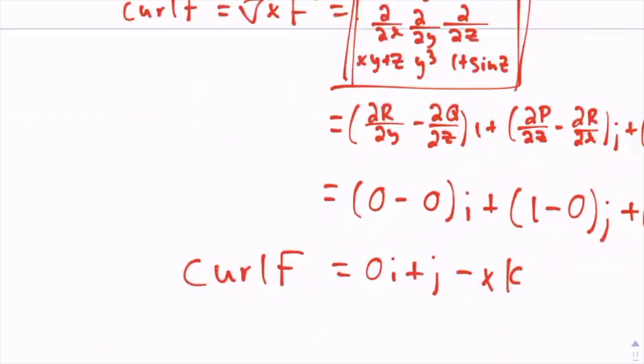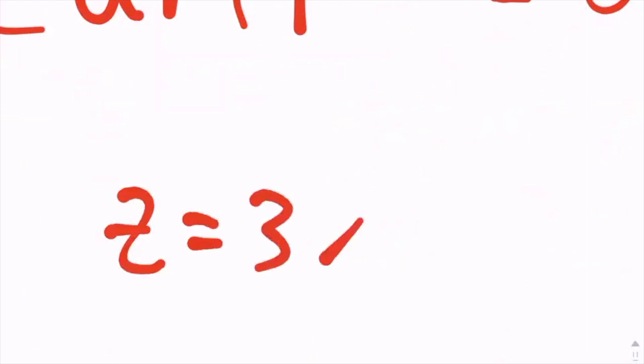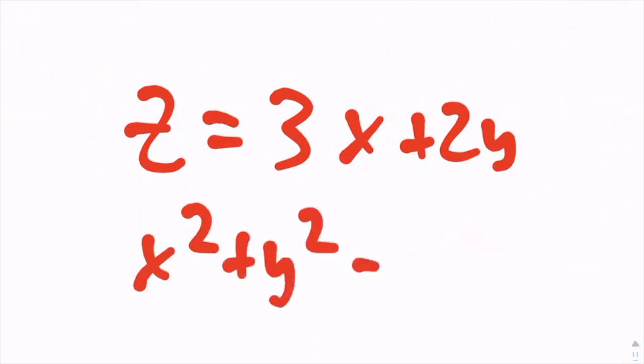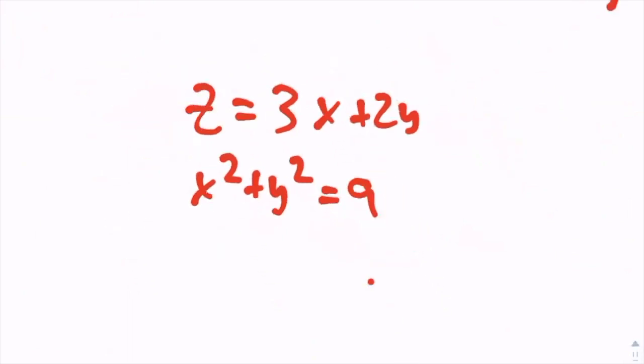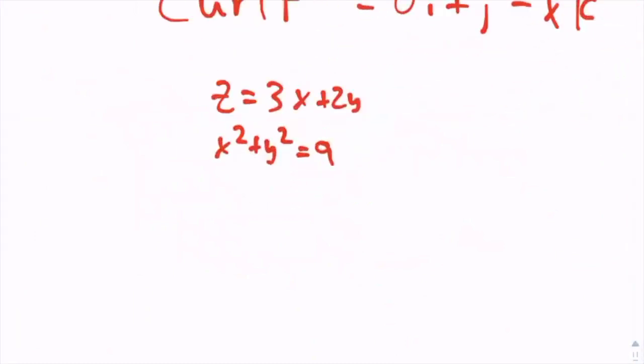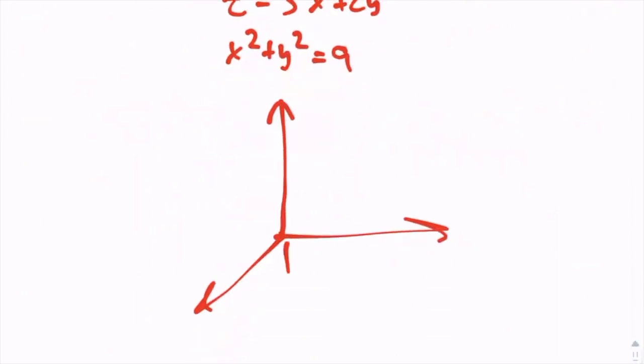So we know that in our case, our z is equal to 3x plus 2y, and we know that the curve C is basically just the intersection with x squared plus y squared is equal to 9. So just for help, I'm going to go ahead and graph this, just a rough graph to better understand what is going on here.